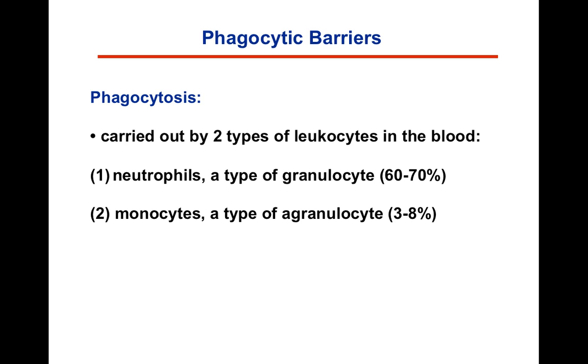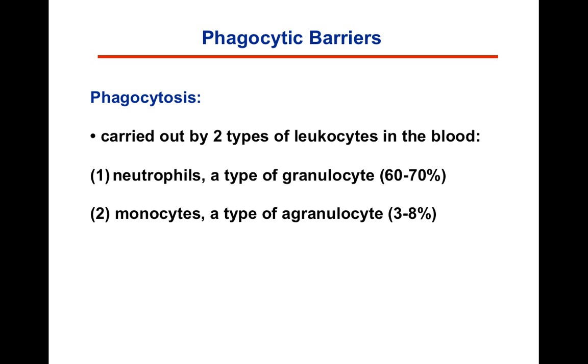This process is called phagocytosis, and basically there are two places you need to be concerned about being infected. One is in the blood and one is in the tissues. In the blood, there are two types of leukocytes, granulocytes and agranulocytes, that are involved in phagocytosis.